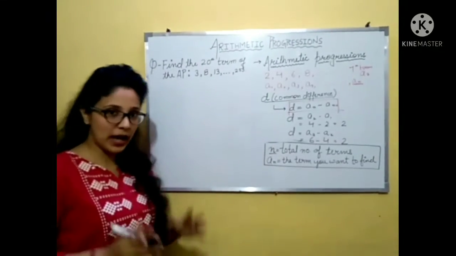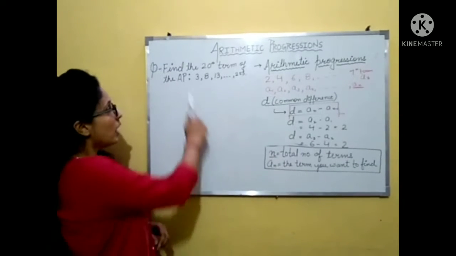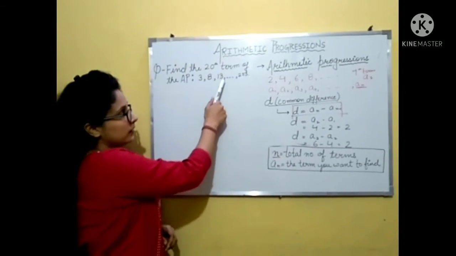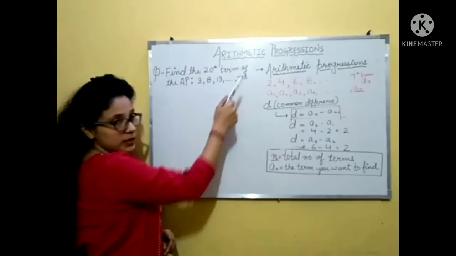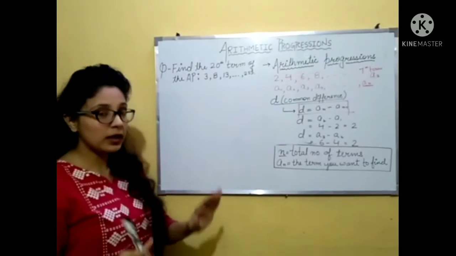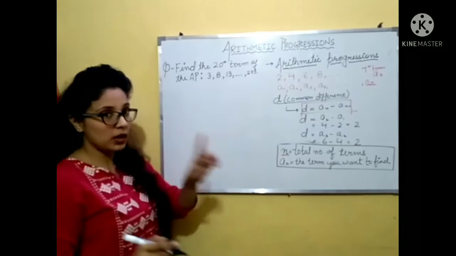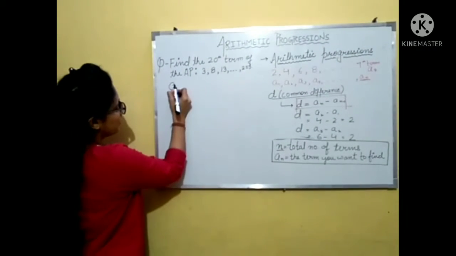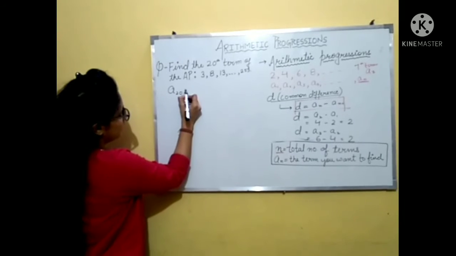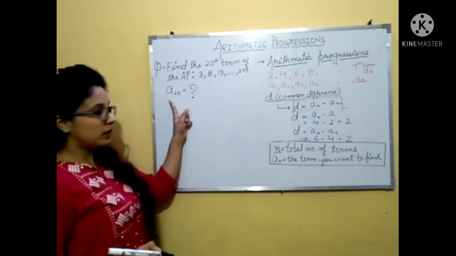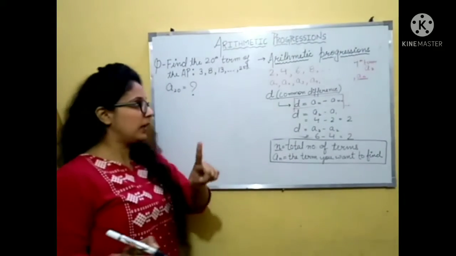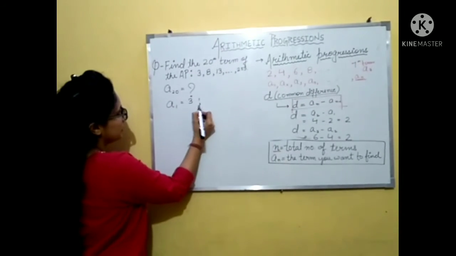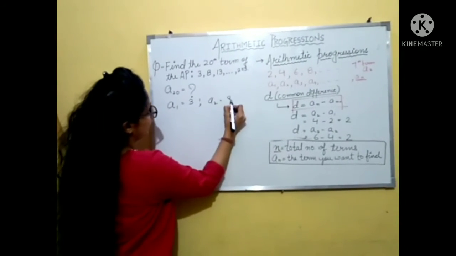So here you can see we have a question. The question is, find the 20th term of the AP 3, 8, 13 and the last term is 253. But in this question you will have to find out the 20th term. So we can write like this. First term is 3, our second term is 8.